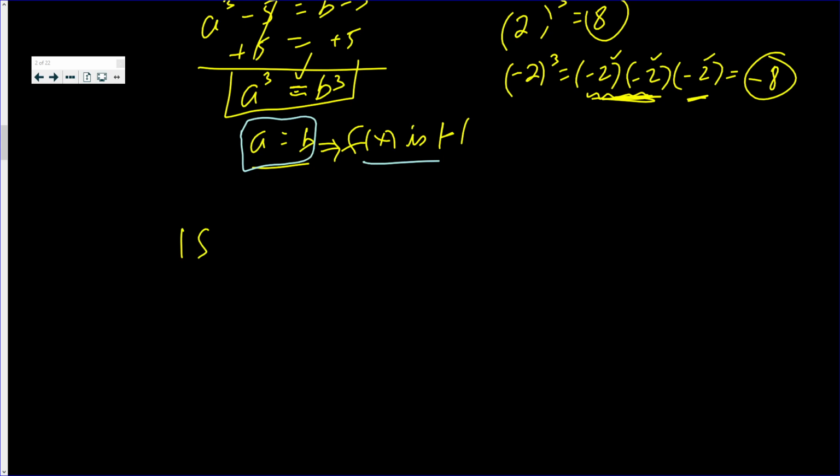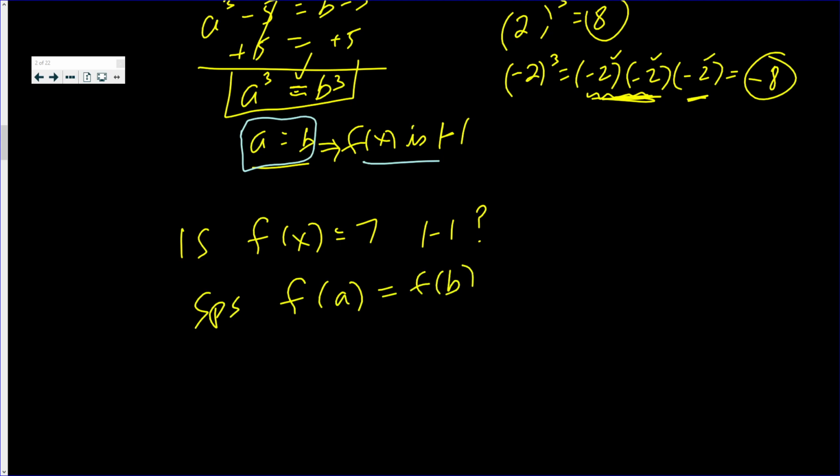What if I ask you, is f of x equals 7 1 to 1? So, we suppose f of a equals f of b. Well, f of anything is 7, so 7 equals 7.